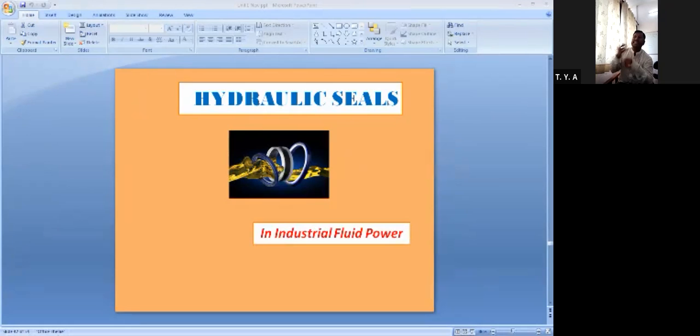So we need to provide some lubrication for the moving part in that system. But here we need to take care that when we introduce lubrication, it may increase the clearance.